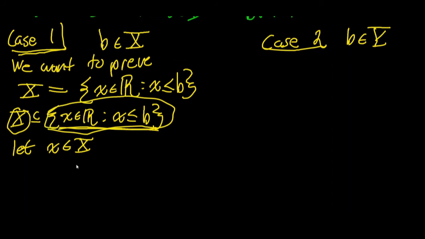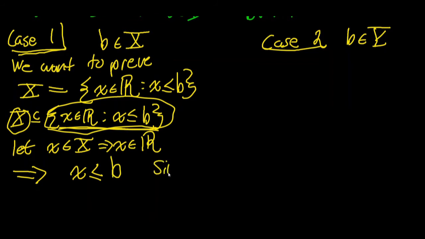So let x be an element of X. That implies that x is in R, because x is in X, and since x is in X, x is less than or equal to B, since B is the least upper bound of X. So that's nice.